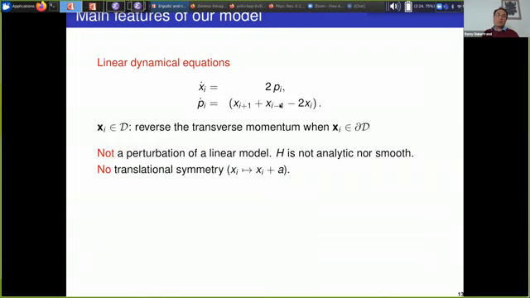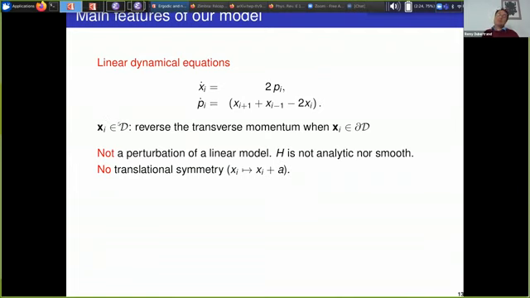So if I go a bit more precisely to give you the dynamical equations, again, they look very simple. You have the Hamilton equations, or the time evolution equations, which are simply the equations of a free evolution, but they are supplemented by this constraint of having each position vector, the position vector at each site, being constrained to be inside a domain.